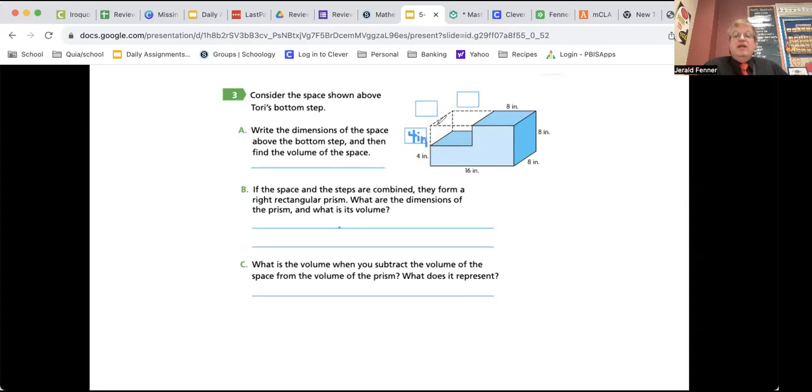This one here we already know, because we know this over here is 8 inches. And this one here, we know that this entire distance is 16 inches, and this one's 8 inches, so it's going to be 8 inches.